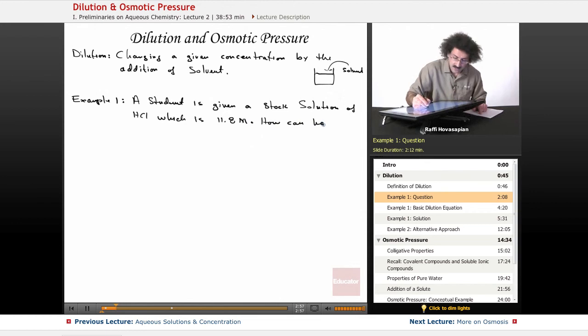How can he prepare 500 milliliters of a 1.5 molar HCl solution from this stock?